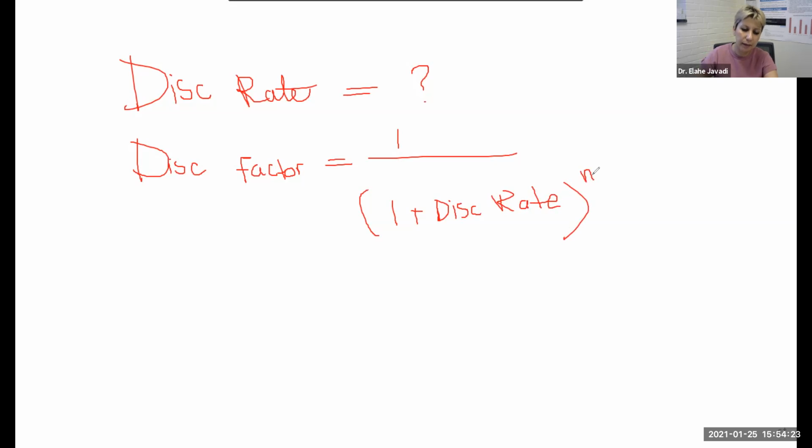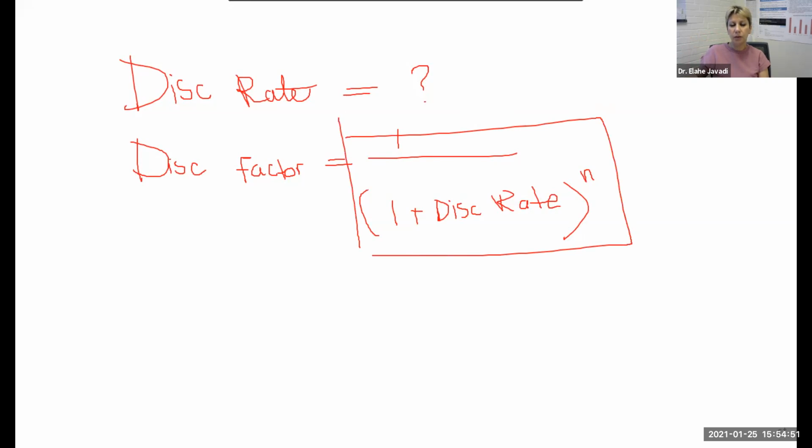So you divide. Just like if you wanted to do interest formula, you multiply by 1 plus your interest raised to the power of number of years. Here you divide. So as you go into the future further and further, you wanted to time travel money from future to today, it becomes smaller and smaller. This is the first formula we're going to put in your worksheet.